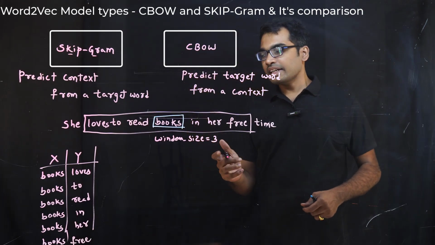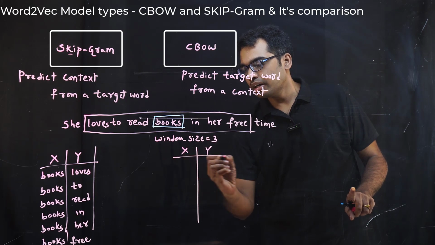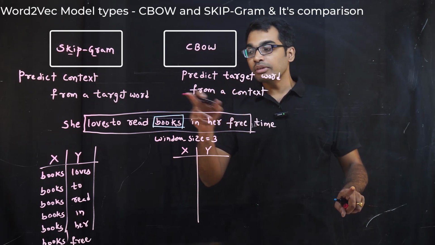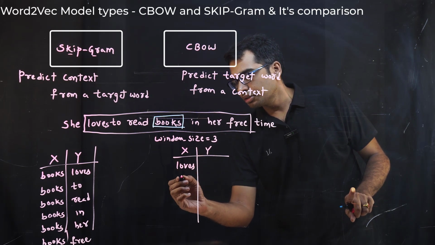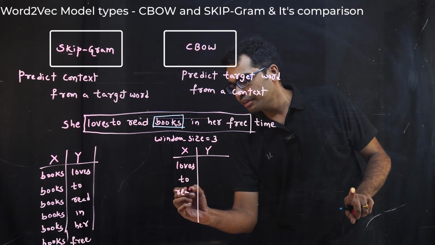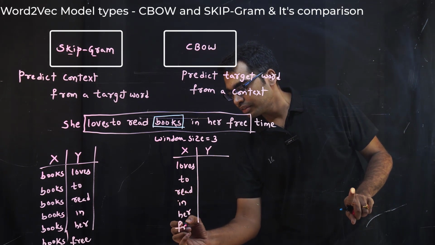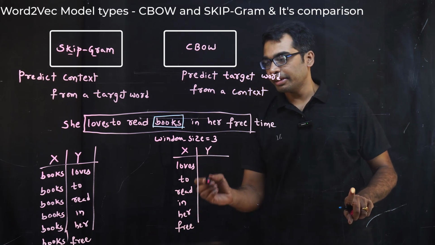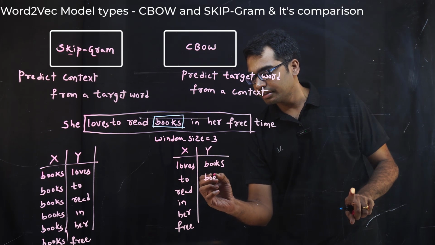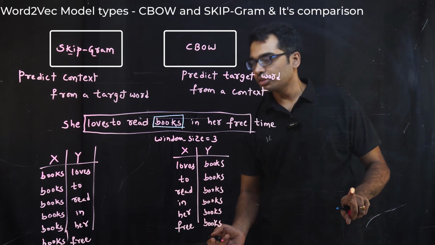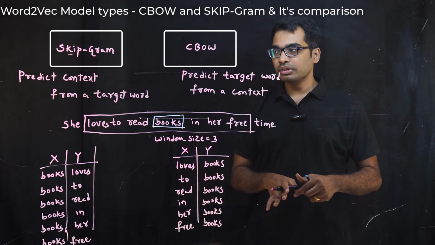In the continuous bag of words, x and y predict a target word given the context words. So loves, to, read, in, her, free will be your independent variable x, and books will be the target. This is how the training data looks in skipgram and continuous bag of words.